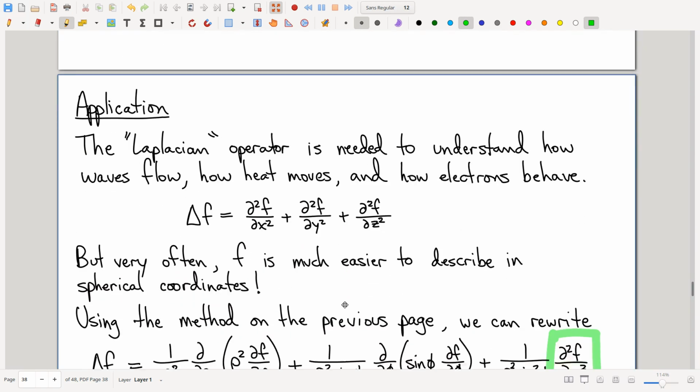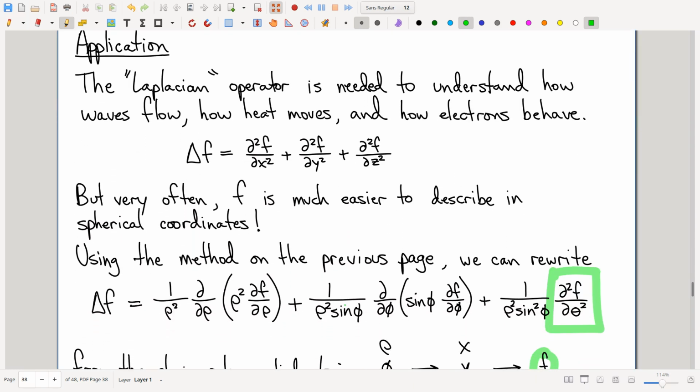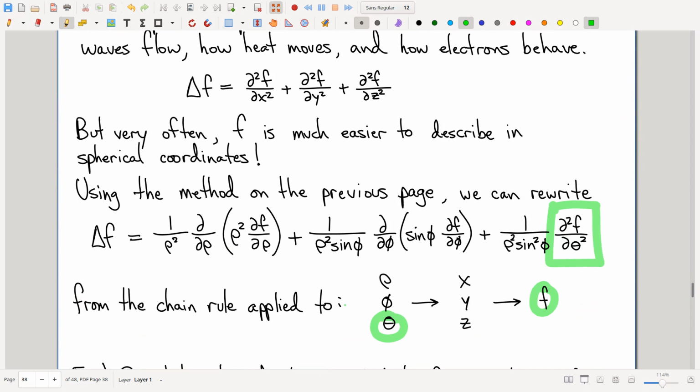Now the bad news is that it keeps going. You've got to take that result and divide by rho squared sine squared phi, and then take a phi partial, and then multiply that, and then take a phi partial of all of that, and so on.